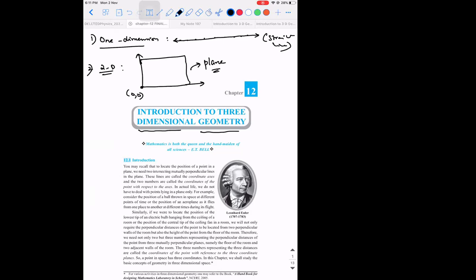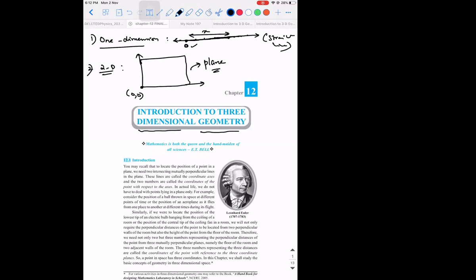If I take this as the initial point, I can talk about the distance of a particular point from this reference point O, where x is the distance from the origin to the right or left. If it is to the right, I'll take positive. If it is to the left, I'll take it as negative.